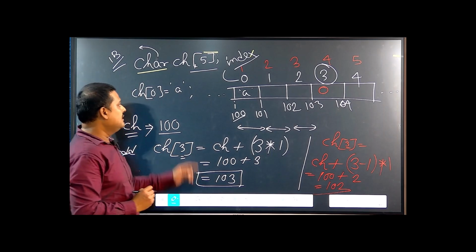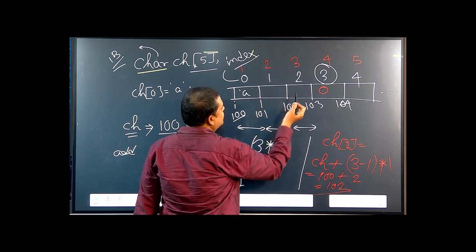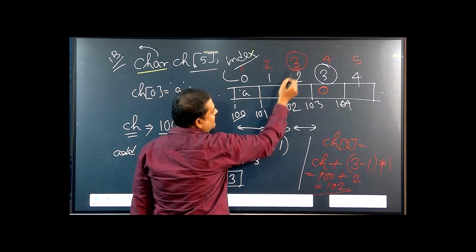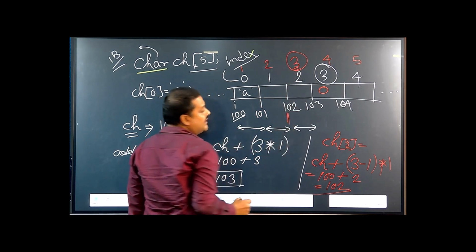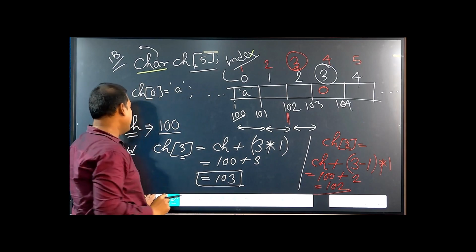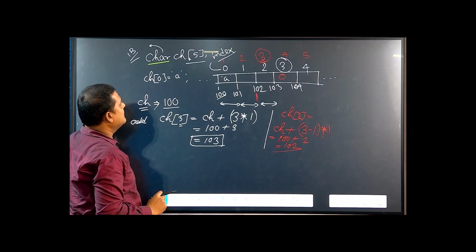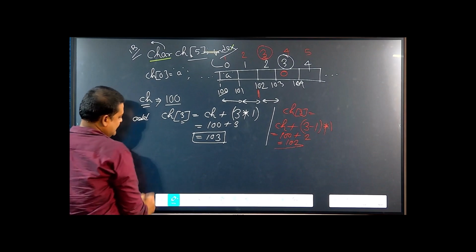Look here, in this case the address of the third index is 102. So, we can draw a formula from this. Let us have a look.